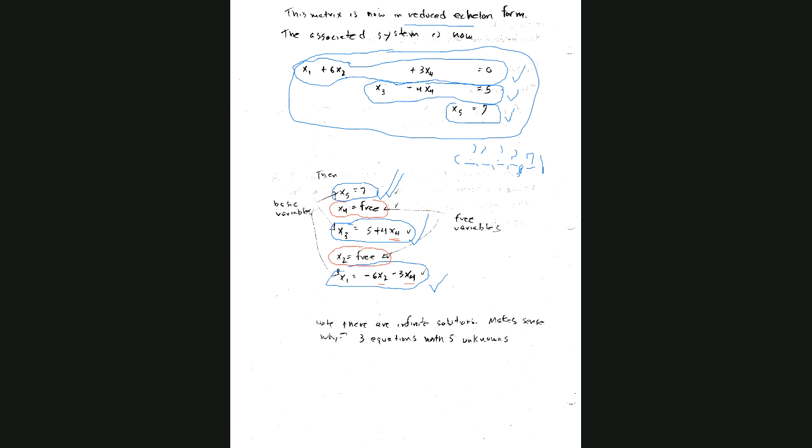Well, let me ask you this. How many solutions are there to this system of equations? That's right, infinite. As many as you want. There are infinite solutions. Why? Because we have 3 equations with 5 unknowns.